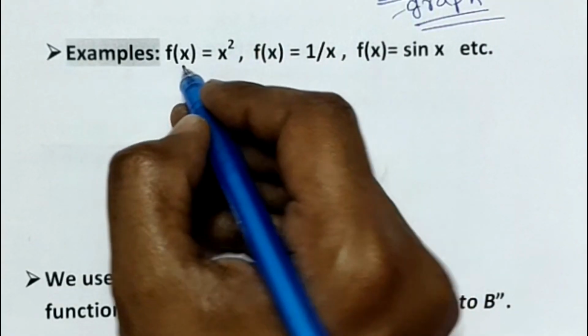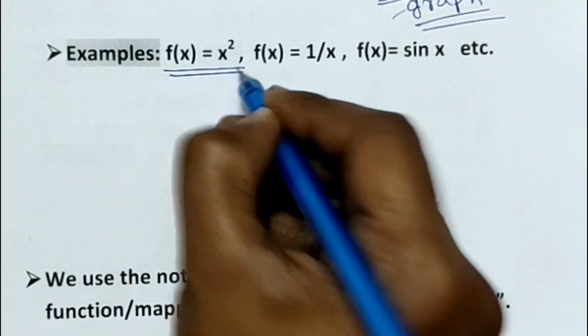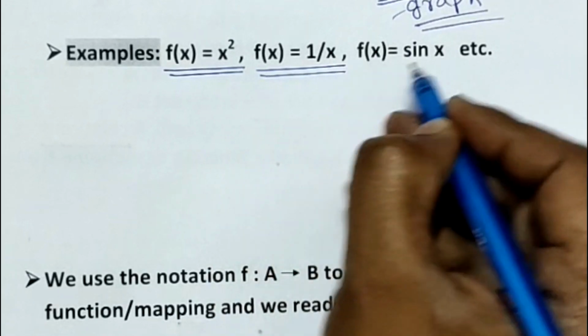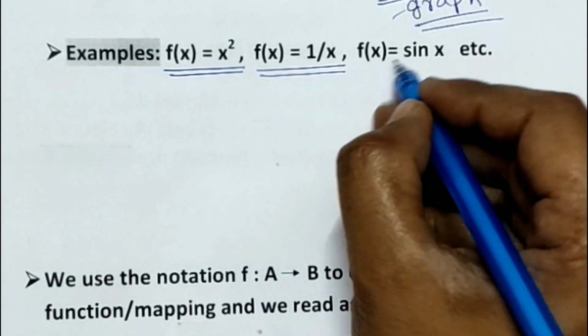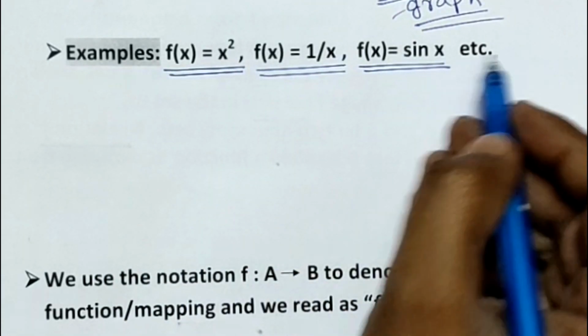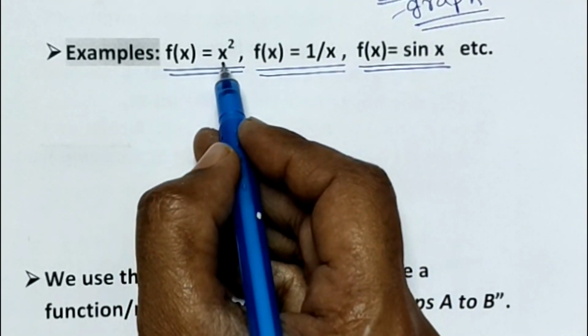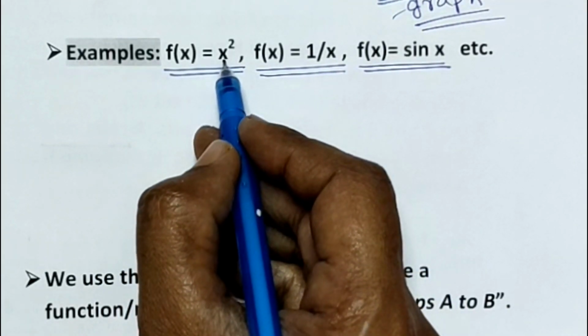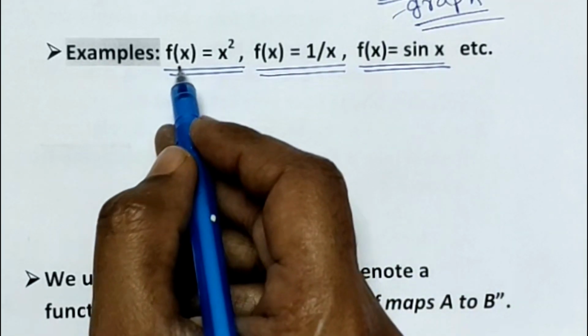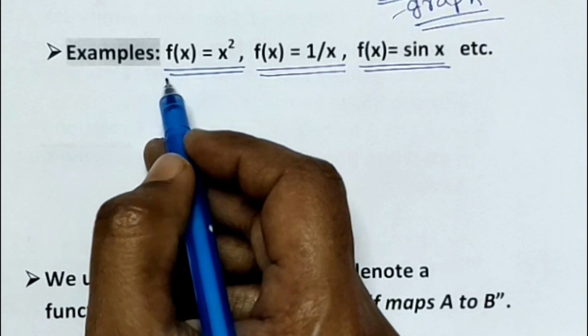Example, look here, f(x) equals x square is the algebraic notation of a function. f(x) equals 1 upon x is also an algebraic notation. f(x) equals sin x, etc. are all functions. Okay, here the independent variable is x for each case, right? And the dependent variable is f(x) or y.